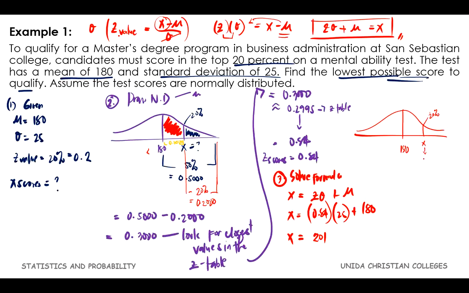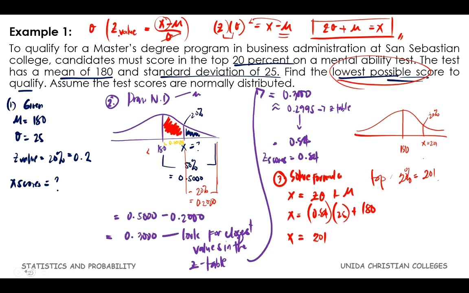So, meaning, x is equal to 201. Ibig sabihin, yung 20% na yun class, kailangan, para makapasok ka sa top 20%, kailangan ng score mo ay 201. Ayun na yung pinaka-lowest possible value na pwede mong makuhang scores para makapasok ka sa top 20.